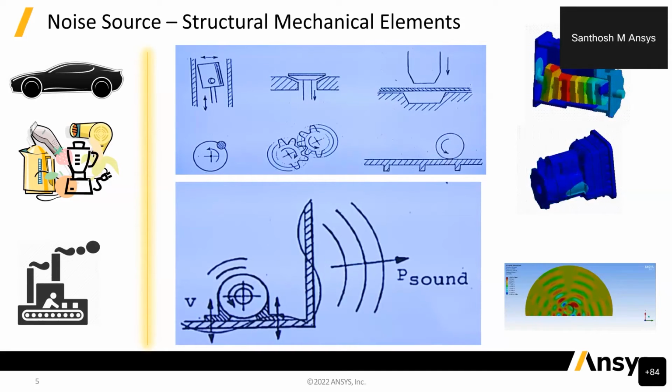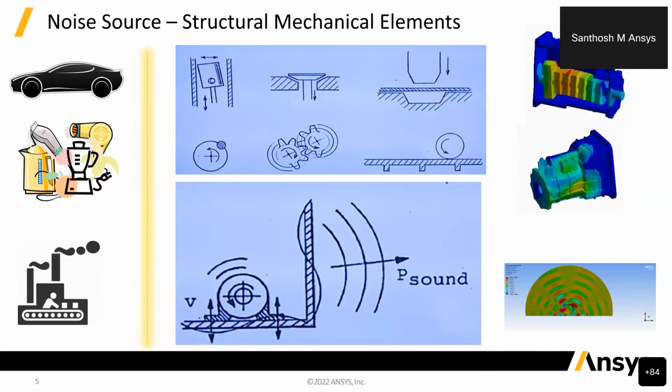So in today's webinar, we will focus more on structural vibration or any device where the fluid flow is not predominant. There can be a fluid flow like in a silencer or muffler, but that flow speed is relatively very small.